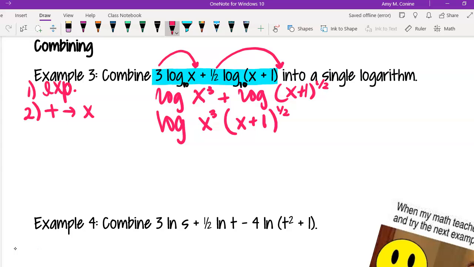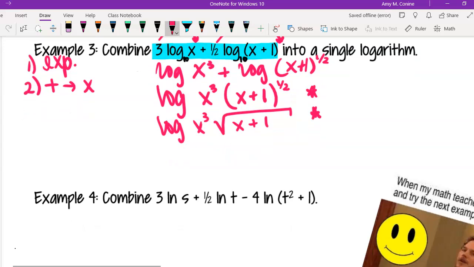And if you could simplify, you should simplify. All this really says is the square root of x plus 1. Because it's multiplying the x cubed, you can't simplify either of them, so either of these answers would be sufficient.